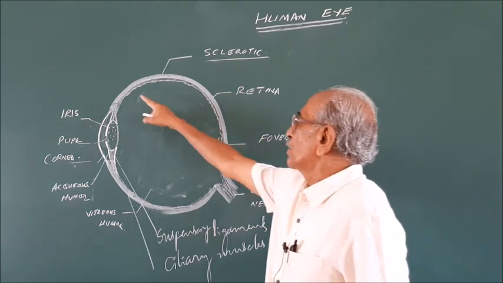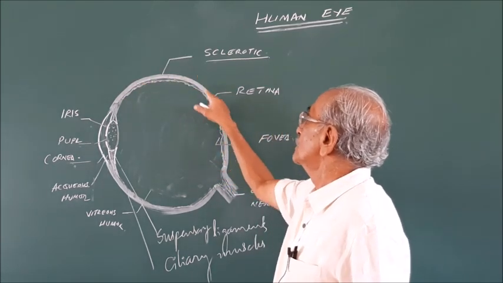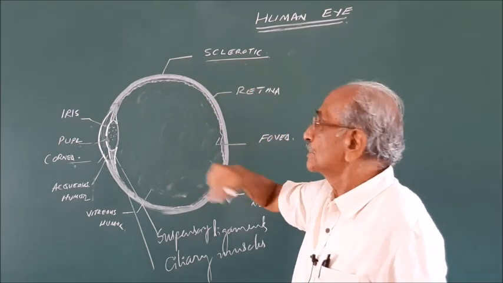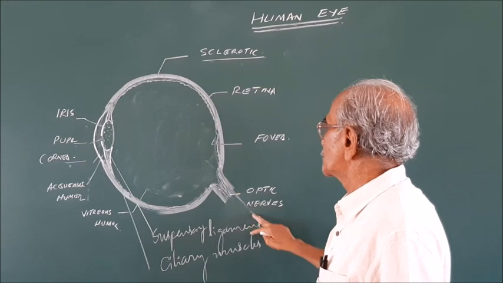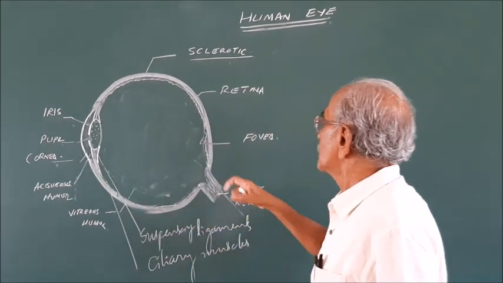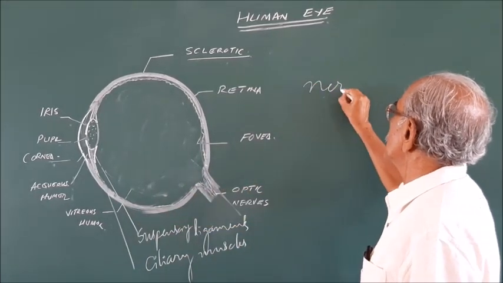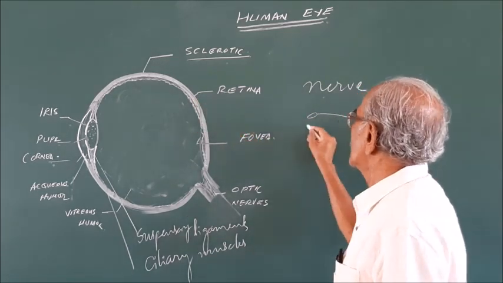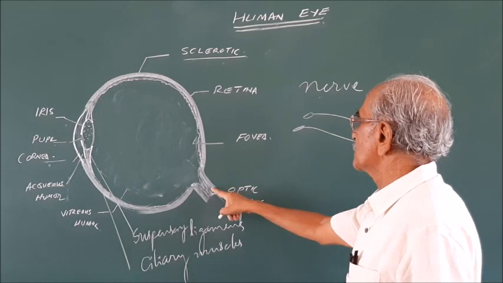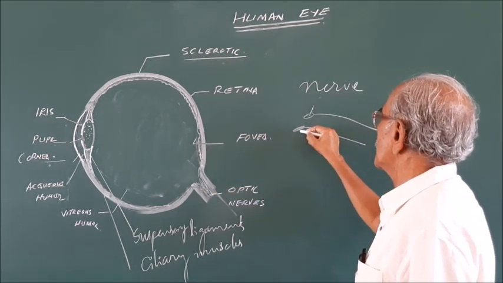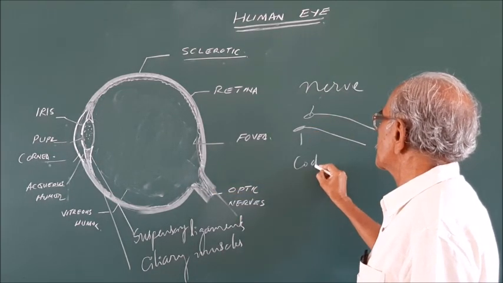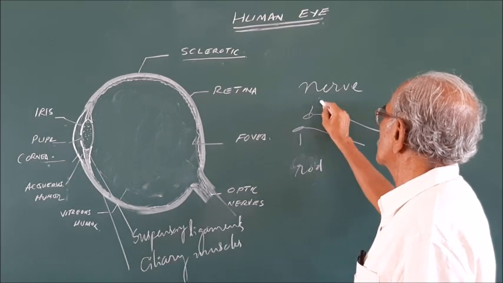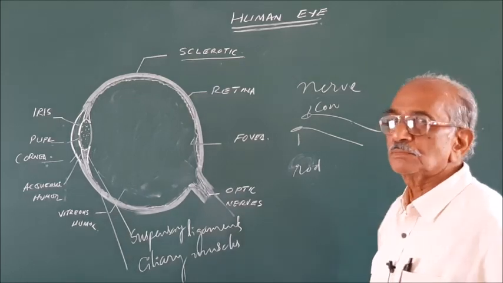And from every point of the inner surface of the sclerotic spherical chamber, a nerve starts off and ends up here like that. Now, these nerve ends are of two types, rods and cones.